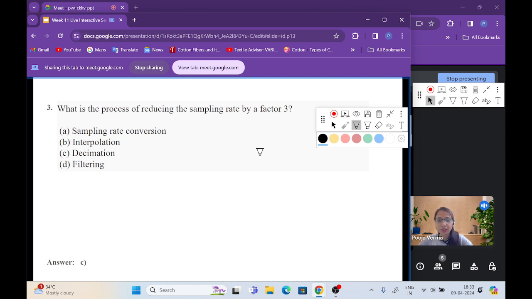As we know, reducing the number of samples from a sequence is called downsampling or decimation. It can be any factor, D equal to 3 or 2 or 5 or anything. We are just reducing the number of samples from the sequence, so it is called decimation. So correct option is option C.